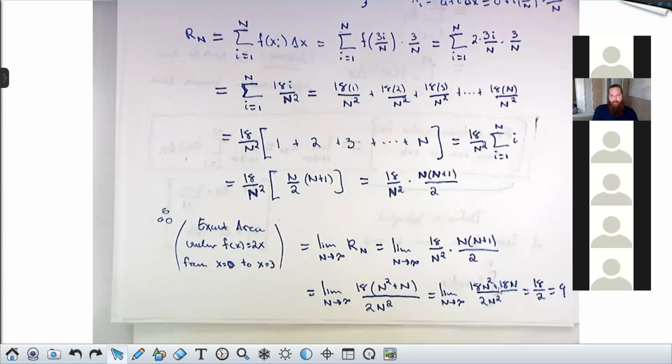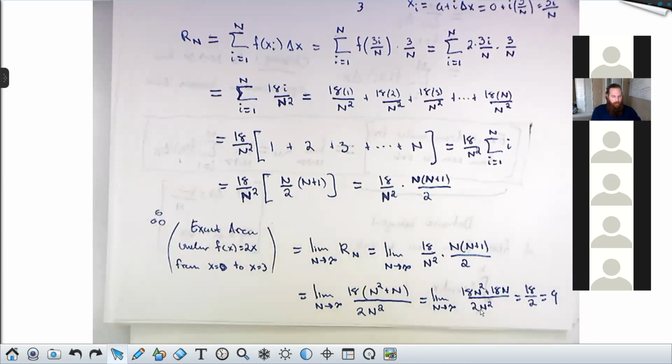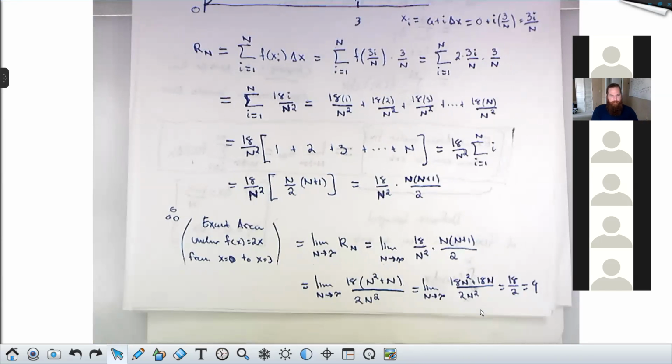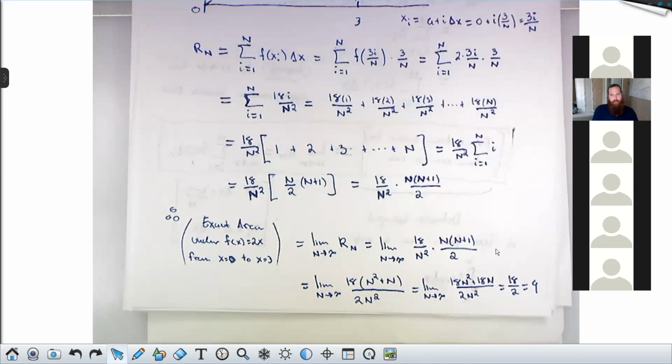This would become 18 plus 18 over n divided by 2. So the 18 over n would go to 0, and you just get 18 over 2. Or if you like, you can take the ratio of lead coefficients. I think that's how most people end up doing that in their head. But in either case, we get 9. So the exact area underneath that curve can be calculated through this Riemann sum thing. And we get the same thing we did here.